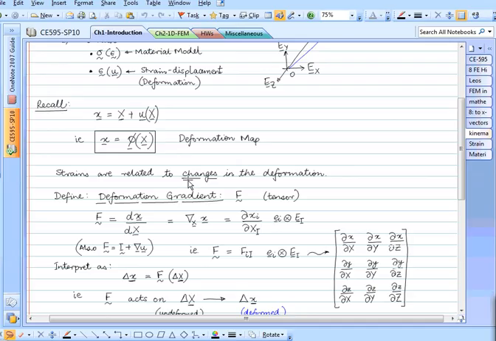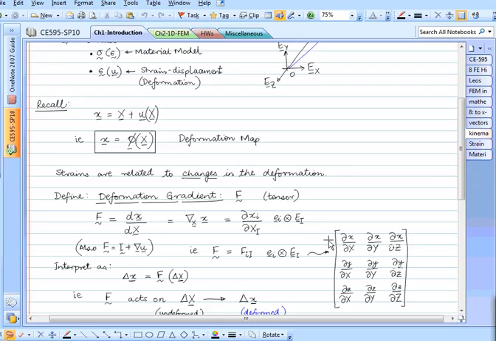The important thing to notice is that strain is related to changes in deformation, and by changes I mean taking a derivative. The most important derivative of this deformation map is the deformation gradient, F. That is a tensor, and all we are doing is taking the derivative of small x over big X.